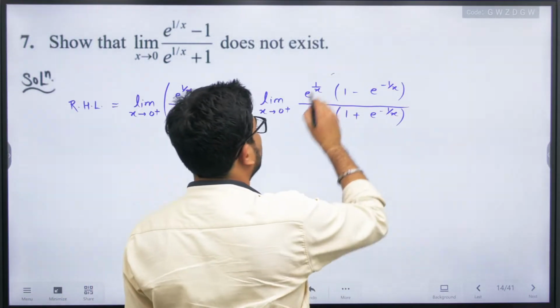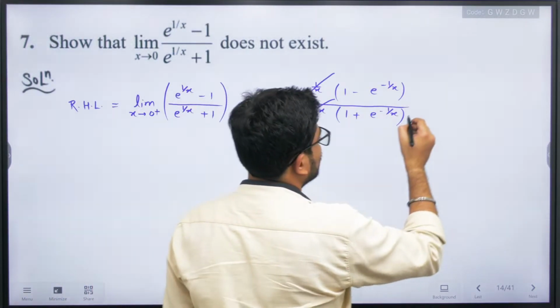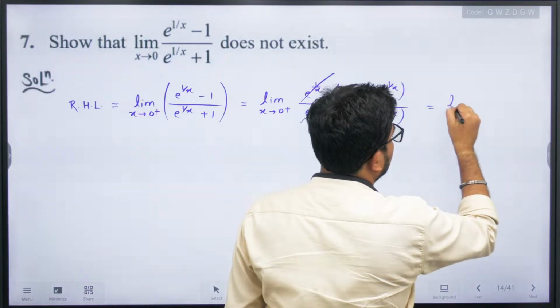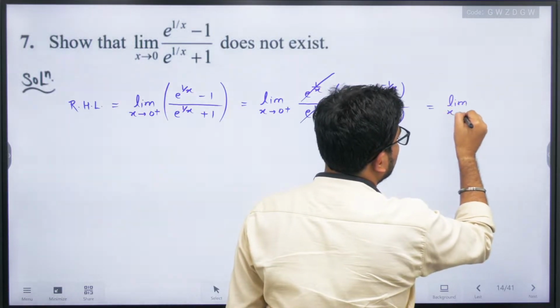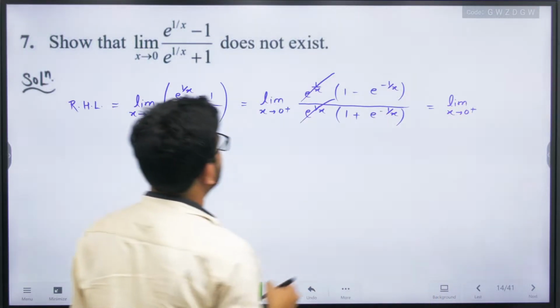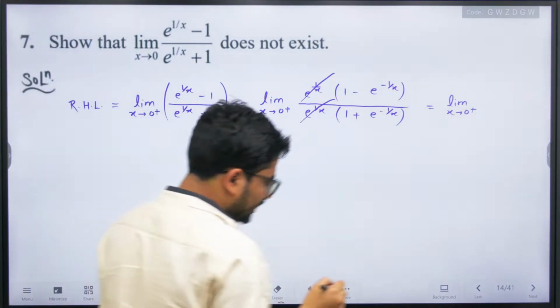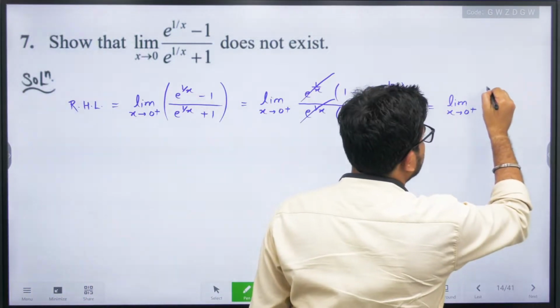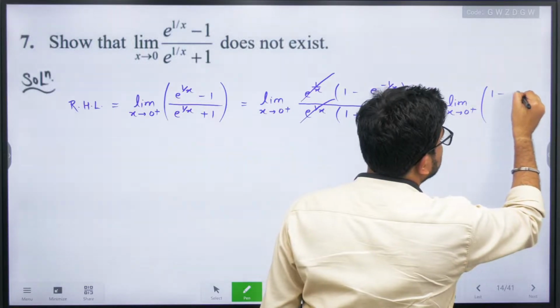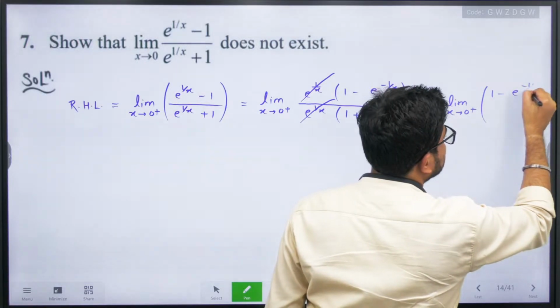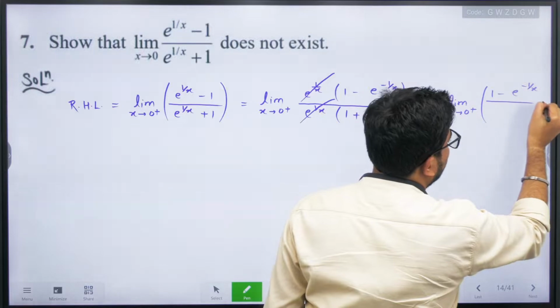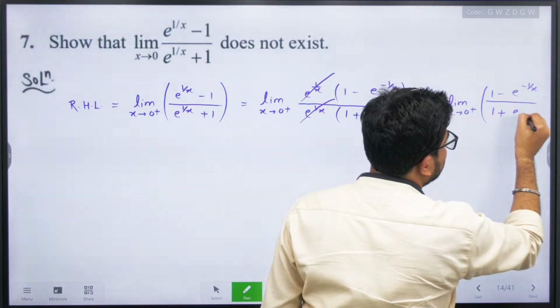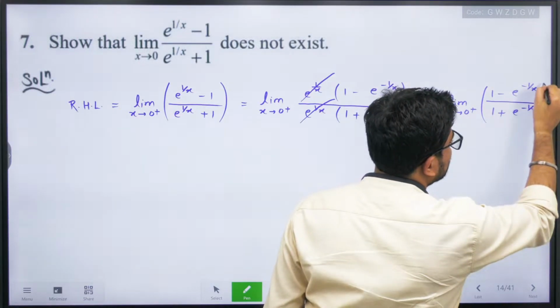You can cancel e power 1 by x with e power 1 by x. So you are left with the limit as x tends to 0 plus of (1 minus e power minus 1 by x) divided by (1 plus e power minus 1 by x).